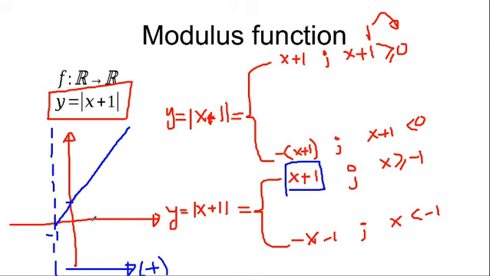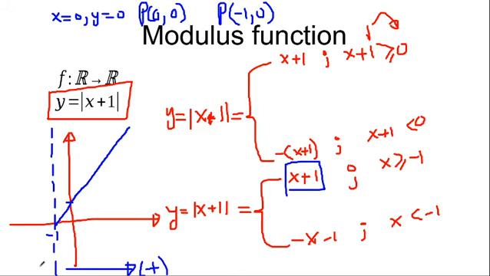So in this example, like in the previous case, the vertex lies on the x-axis, but the x value has been altered. Earlier it was x equals 0 and y equals 0, right? So you can write it like this, 0, 0. But in this case, the coordinate of the vertex is at minus 1, 0. This is the vertex, right? So what happens in the left side?